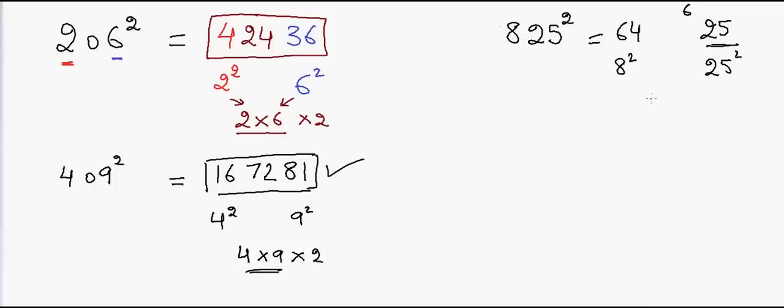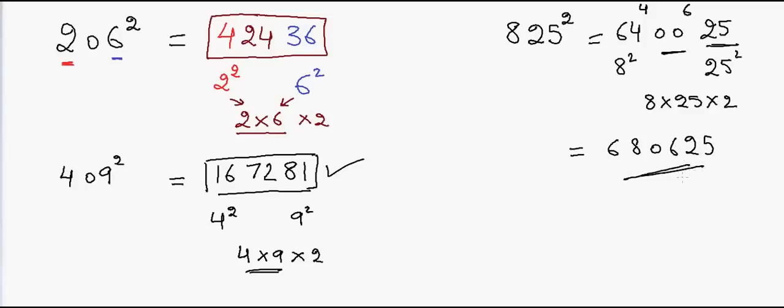Now if we multiply 8, 25 and 2, that will be 400. So we can only write two zeros here, and I have to carry a 4, because we can only take two digits. Now if we add them together, it will be 6, and 4 plus 4 is 8, 0, 6 plus 0 is 6, and 25. So that will be my answer.